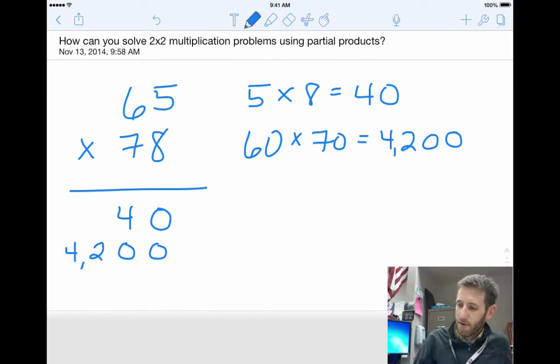I now want to multiply the tens place up here by the ones place down here. And that would be 60, because the 6 is worth 60, or 6 tens. I'm going to multiply it by 8. And I will get, let's see, 6 times 8 is 48.